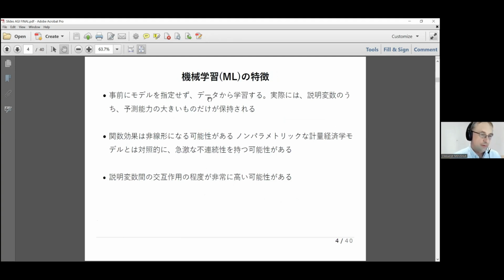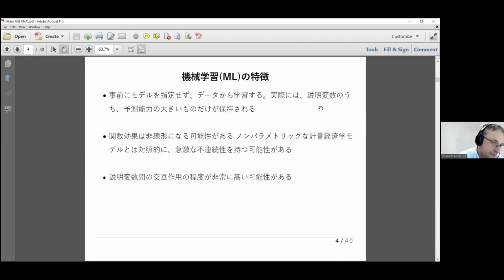So as I said before, what are the major features of machine learning in addition to this sequence? First of all, there is no initial model that we specify. We just provide the list of explanatory variables. They are called features. Then the machine learning algorithm tries different combinations of these explanatory variables, and picks the best combination.